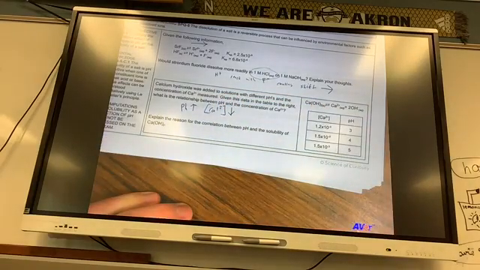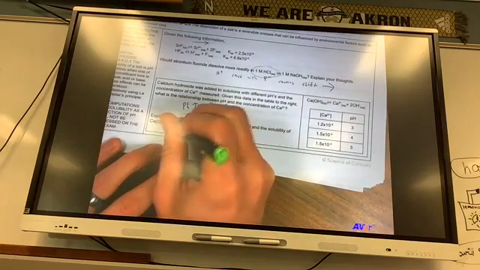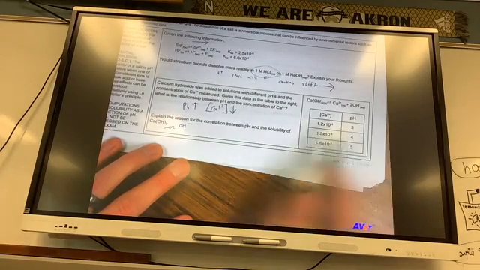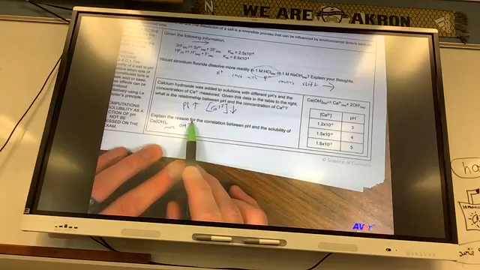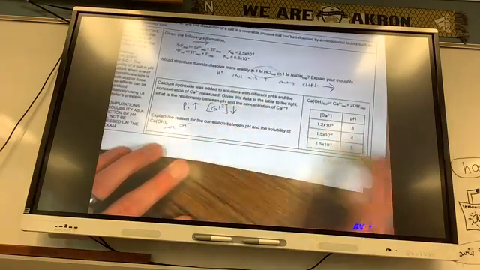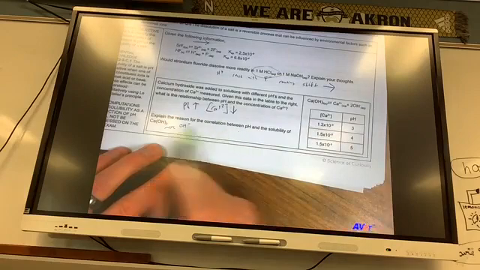Why? Why is this a relationship? Well, I would have more OH minus, and if I have more OH minus, Ca(OH)2 breaks up into Ca plus 2 and OH minus, which means they have more products, shifting it back to the left.